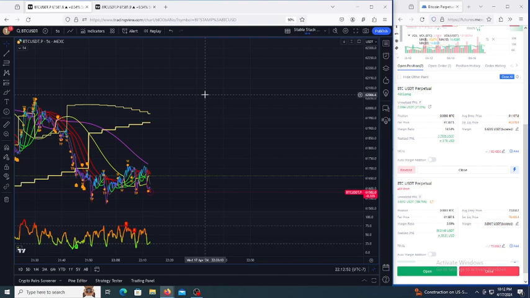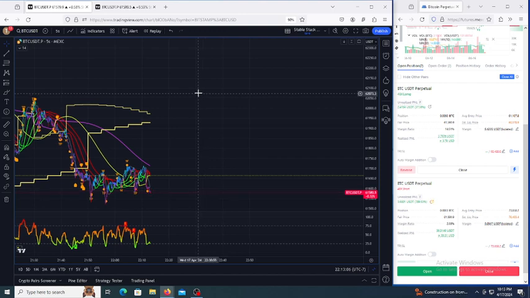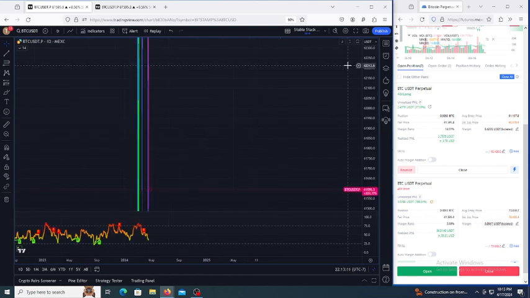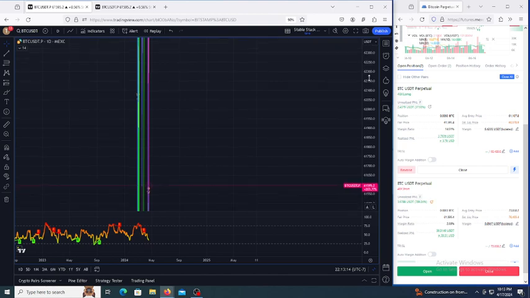As we go down in the time frames, it's going to get a little more complex, but I'll explain how to read it. You can use this on every time frame. It's accurate on every time frame. So let's look here on the daily.